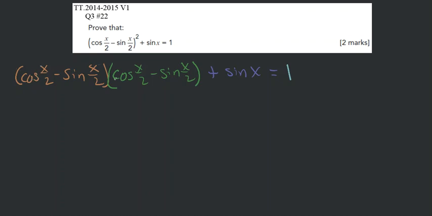We're going to multiply cosine times cosine, which is going to give us cosine squared of x over 2. And then we're going to multiply this cosine by that sine, which is going to give us minus sine x over 2 cosine x over 2.